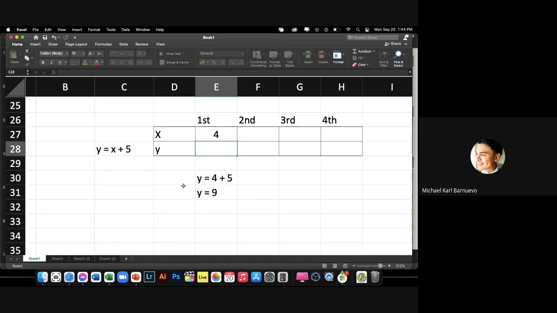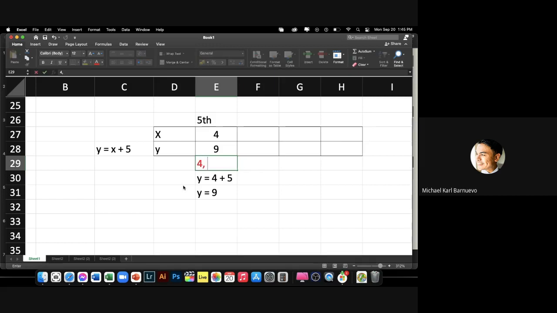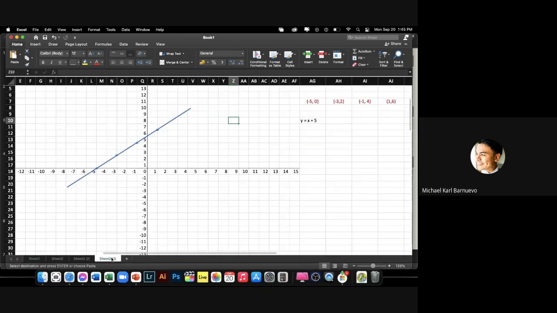Okay? So, our fifth, kasi ito na yung pang fifth natin, is 4 and 9. Kindly check nga kung tama. So, y, we substitute x by 4. 4 plus 5, y is 9. Okay, now let's try to plot itong 4, 9 in this line if we will still have the same line. Okay?